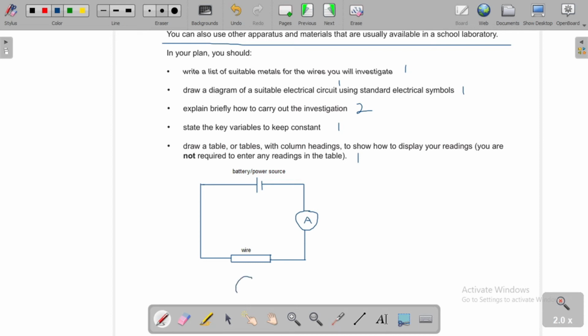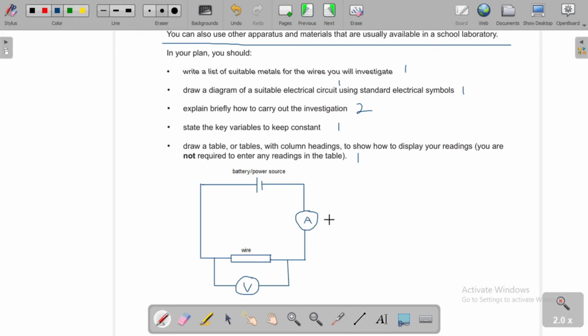Let's have our voltmeter now. This is V, and then we have our lines. Yes, this is our circuit.